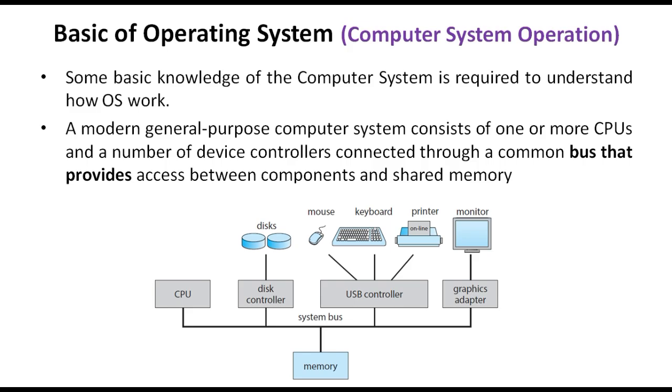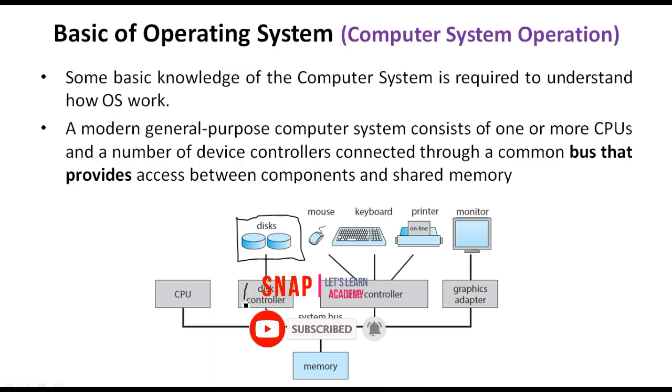Now, for a computer to start running, for instance when it is powered up or rebooted, it needs to have an initial program to run, and that initial program might be stored in the disk. For example, say our operating system is stored in the disk, right?